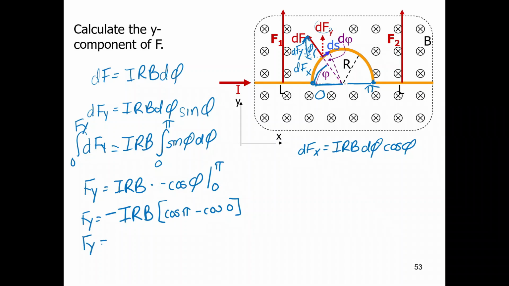Cosine of pi is negative 1, minus the cosine of 0, which is a positive 1. So negative 1 minus a positive 1 is a negative 2. The negative cancels with the negative up front. So I get that Fy is going to be 2IRB.